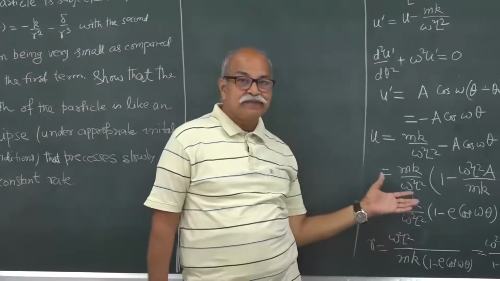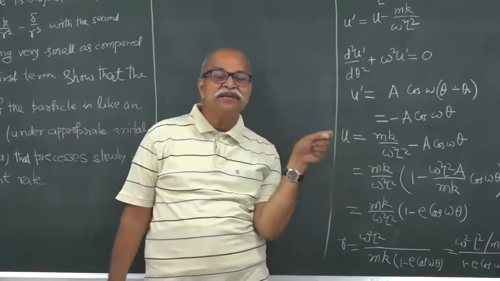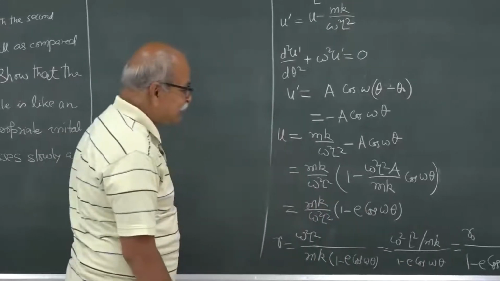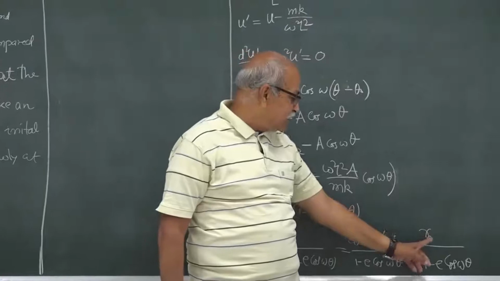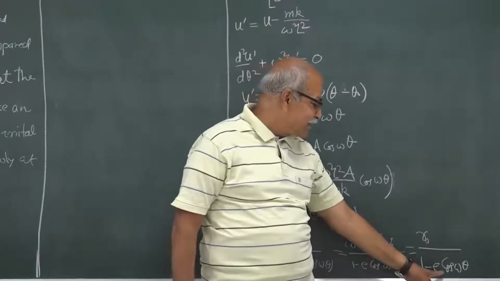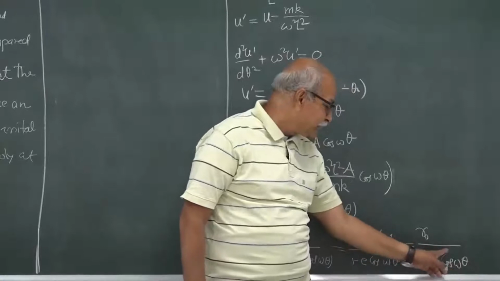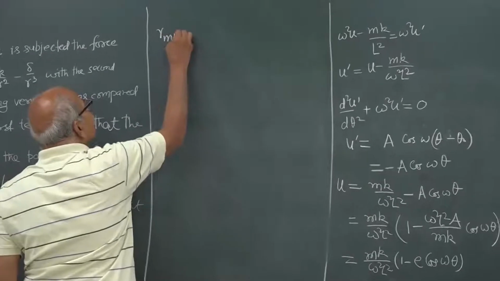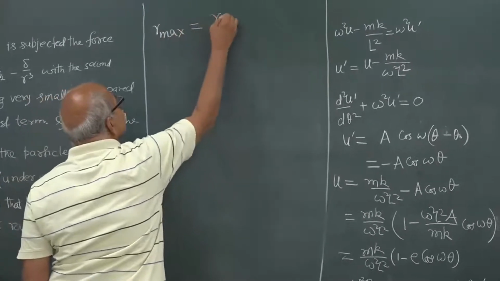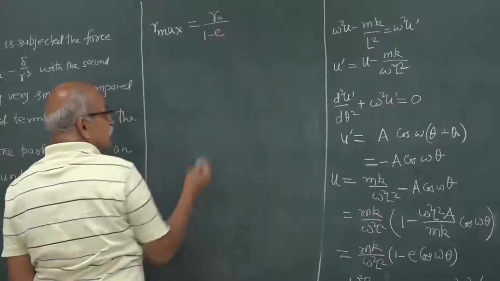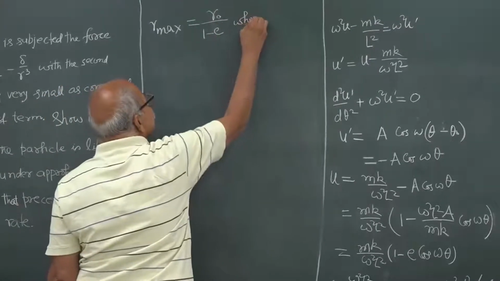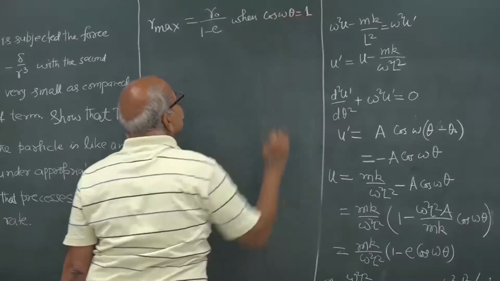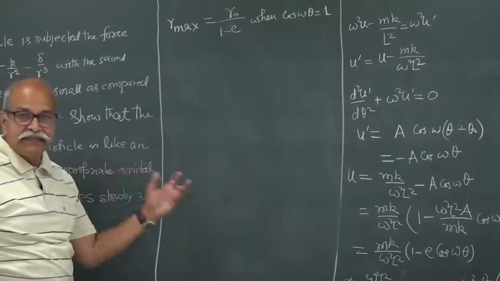Let us see what is the maximum separation of this particle from the origin. That maximum separation will be r naught divided by 1 minus e, and that is when cos omega theta is 1. And what are those values of theta?